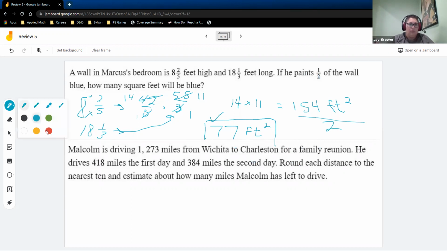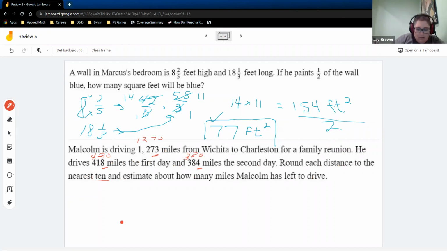All right, the next one takes us back a little bit to our, it's like an application of the rounding, and we're rounding to the nearest 10. So you actually want to look at the ones place for everything. So your total will be 1,270 miles. Day 1 will be 420 miles. And day 2 is 380 miles.